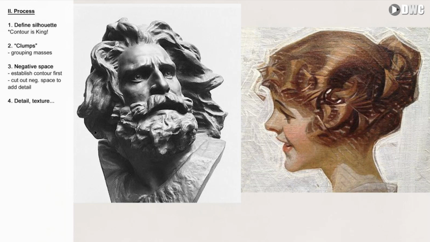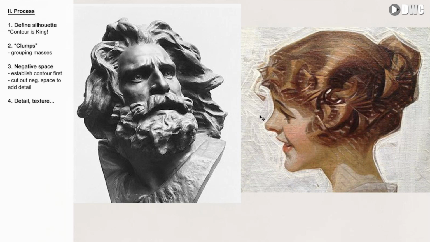I call these clumps. Clumps are masses of hair. We have to learn to take some of the smaller hair, the wispy hairs, just like we saw with the snakes in the Bernini sculpture, and mass them together, group them together. So we look for the individual clumps.